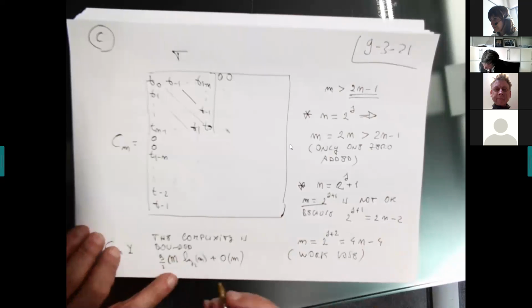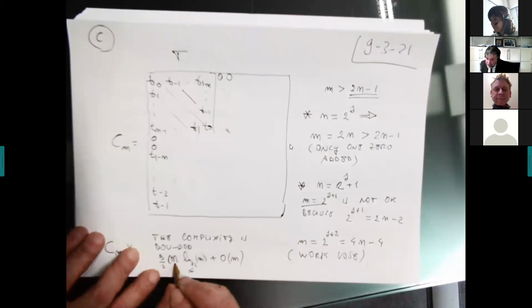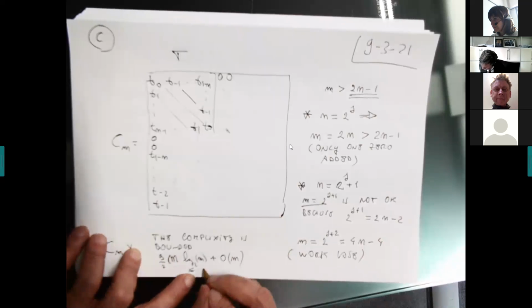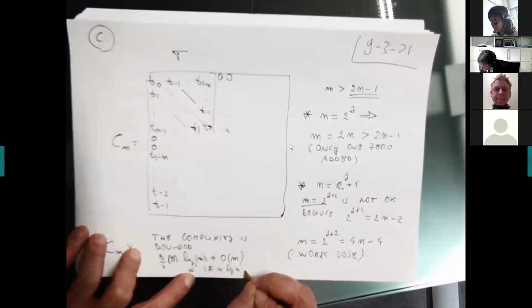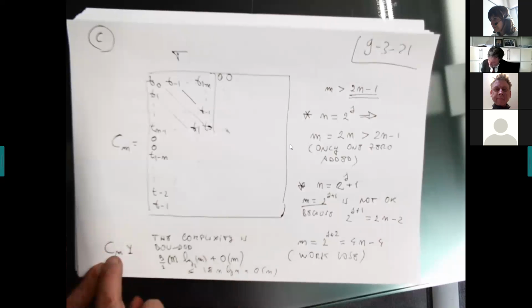Okay, so bounded 4 times n. So here is the 18 n log n plus O of n. This is the cost of multiplying a circulant by a vector.